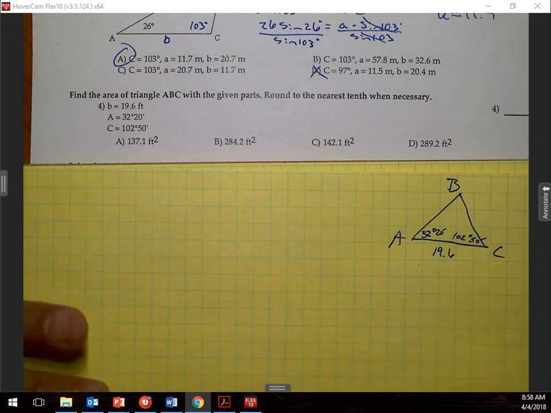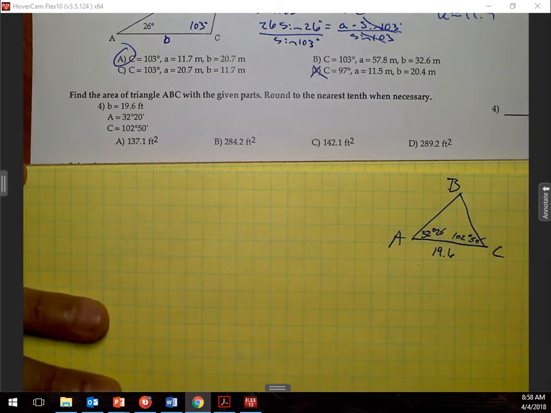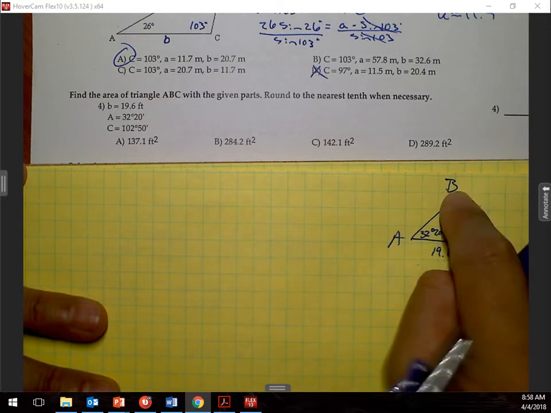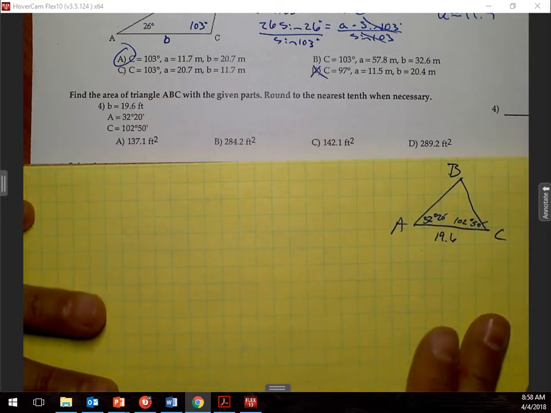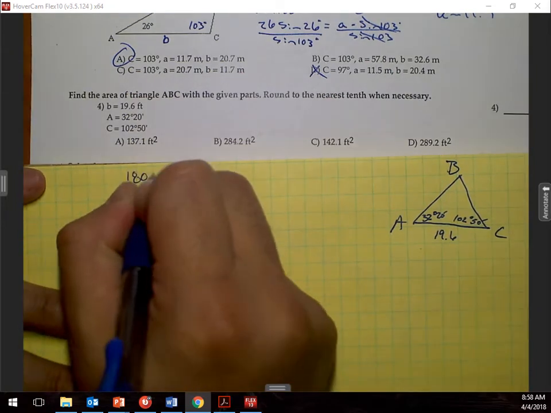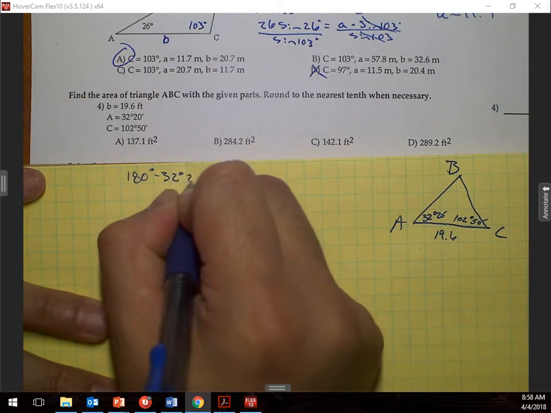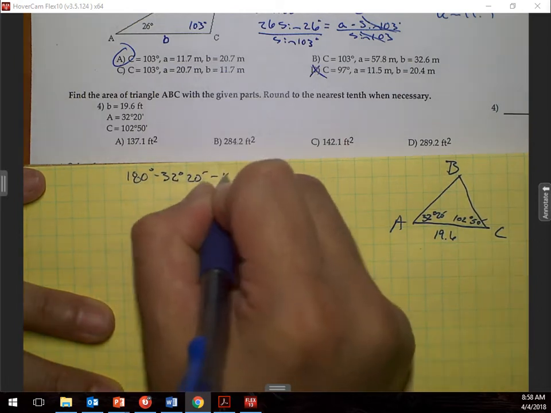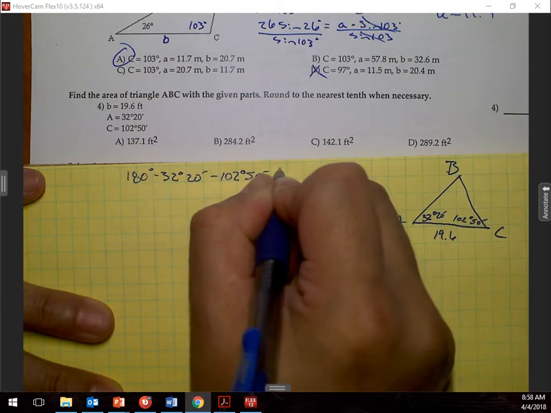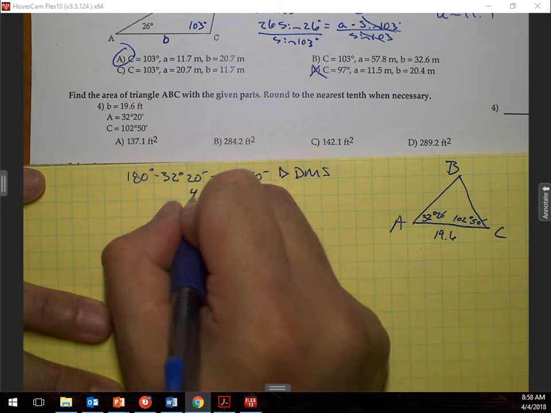Since this is angle side angle, what law do I use? Law of sine, right? So the first thing I have to do is solve for b. Let's do that. So it's going to be 180 minus 32 degrees, 20 minutes, minus 102 degrees, 50 minutes, and then, what is it? 44 degrees.